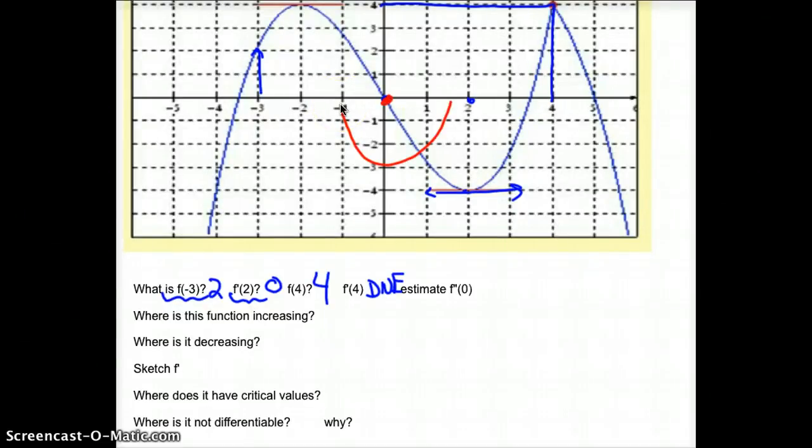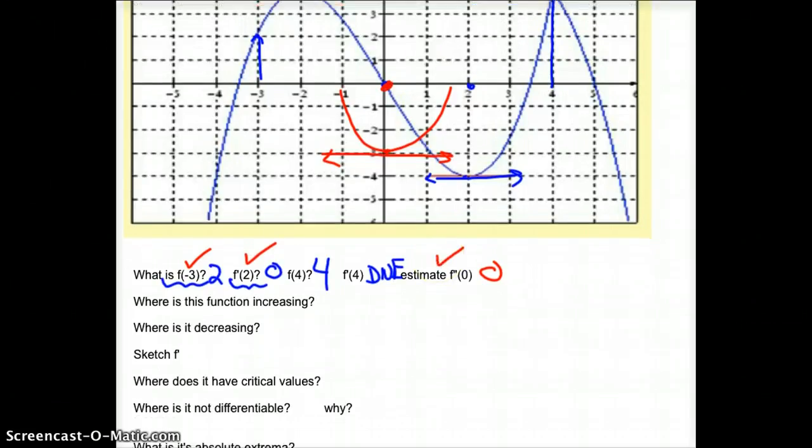Do you agree with me? It's its most negative, like if this were a roller coaster, this is where you're most negative, right? So it's going to bottom out there. So my second derivative would be the derivative of this one. What's the slope right here? 0. So kind of know what they're asking you for. This is what's the y value, what's the slope of the tangent line. This is what's the slope of the derivative graph.